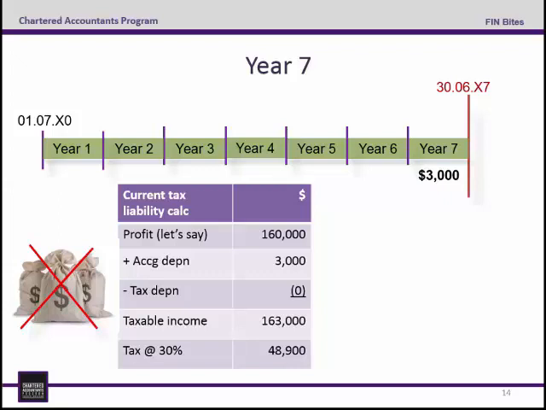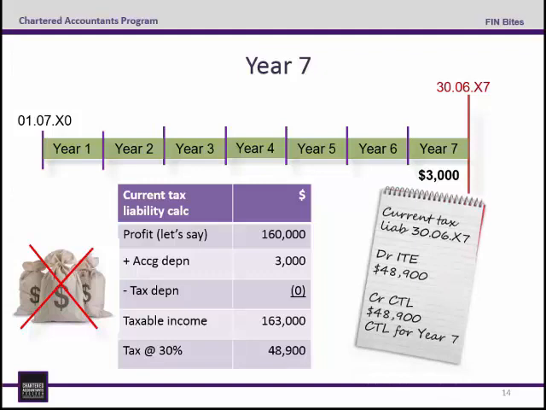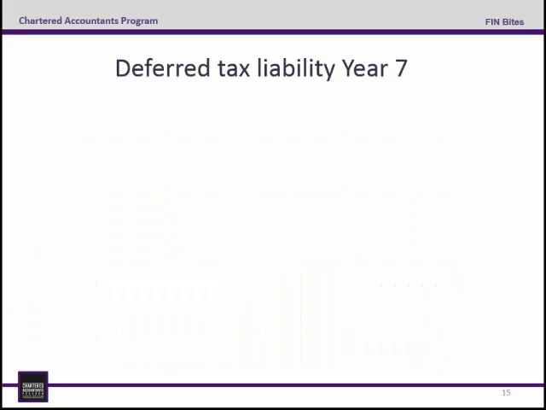Tax deductions, well, they're long gone, so my taxable income is $163,000. I've got a current tax liability of $48,900. Debit income tax expense, credit current tax liability, $48,900 being our current tax liability for year 7.